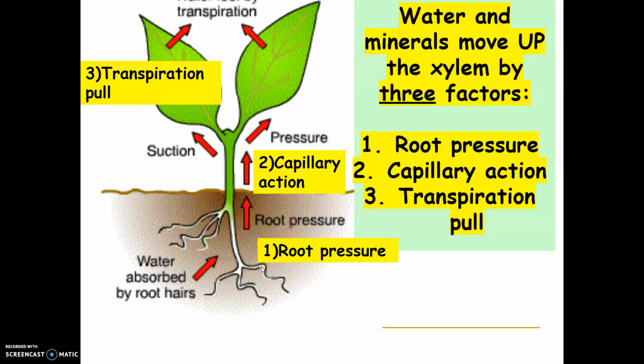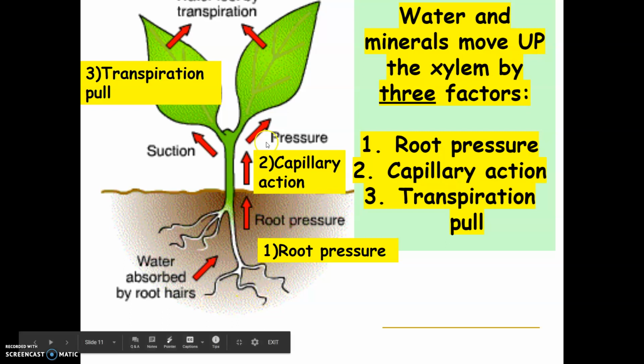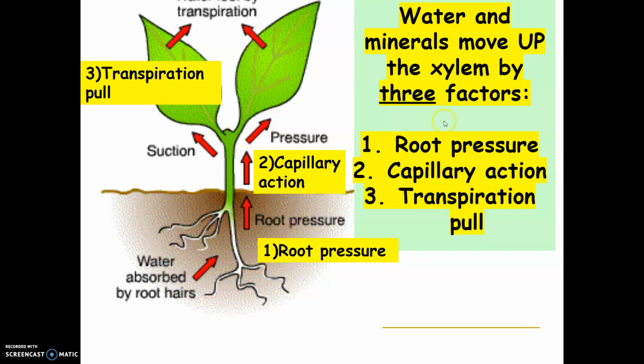So there are three main ways that water gets all the way to the top of the plant from the roots. So it has to defy gravity. One way that it does this is called root pressure. So the roots down here are going to soak up water. They actually get really big, and then it kind of squeezes the water like you would squeeze a balloon, and it pushes it up into the stem.